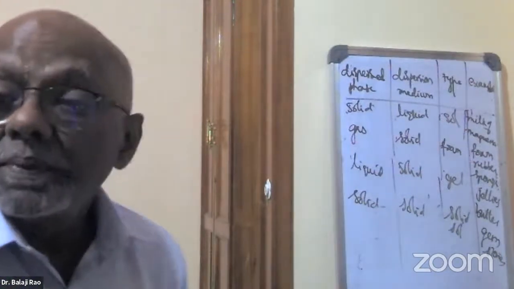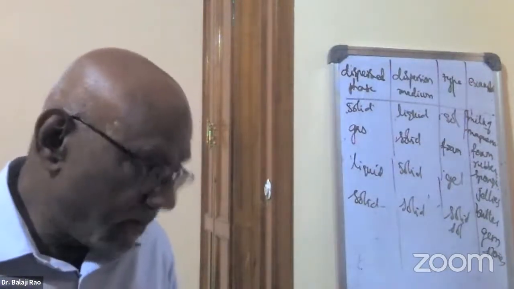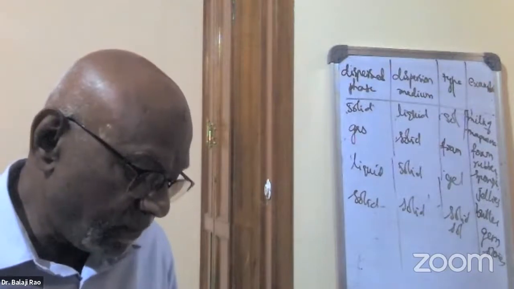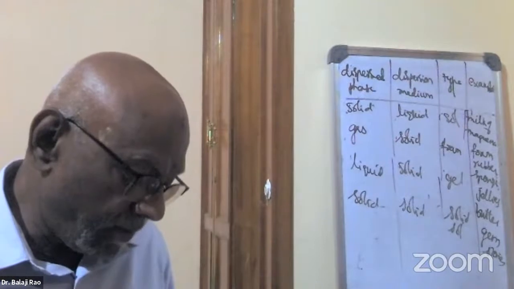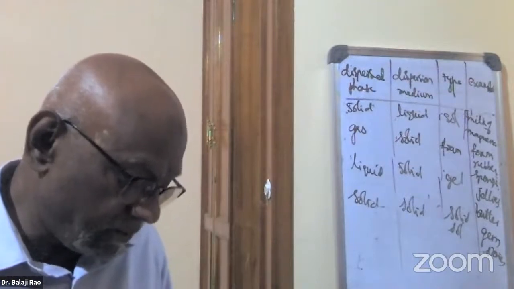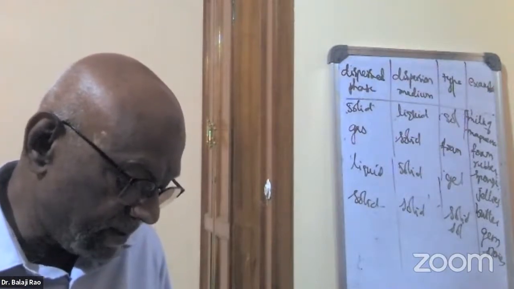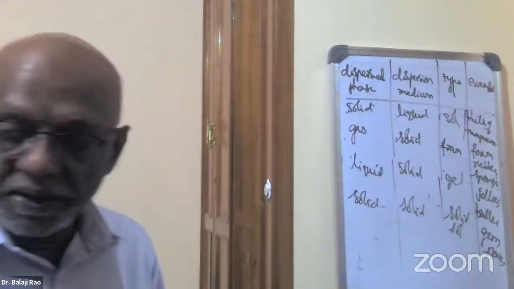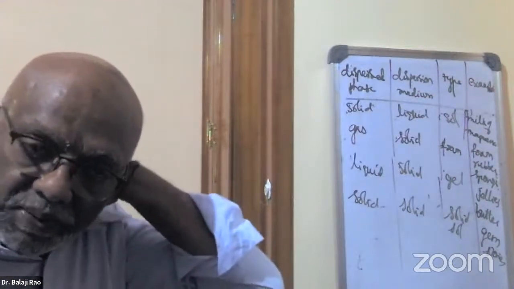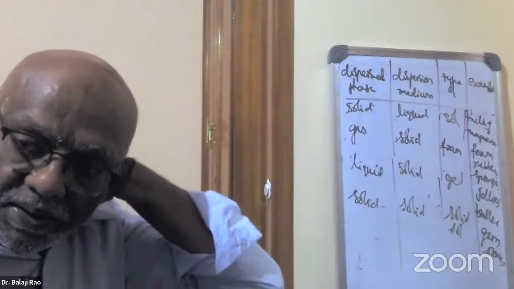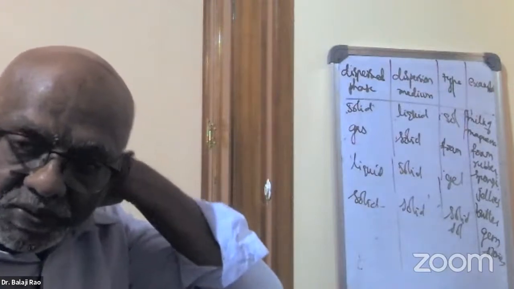Now, I guess we have about a couple of minutes more. A small resume of what we have done can be just seen now. We have today talked about solutions, colloids, suspensions, different types of solutions, and concentrations of solutions.